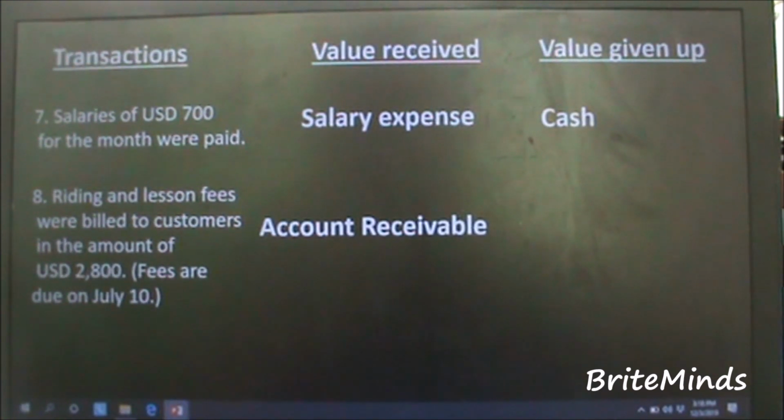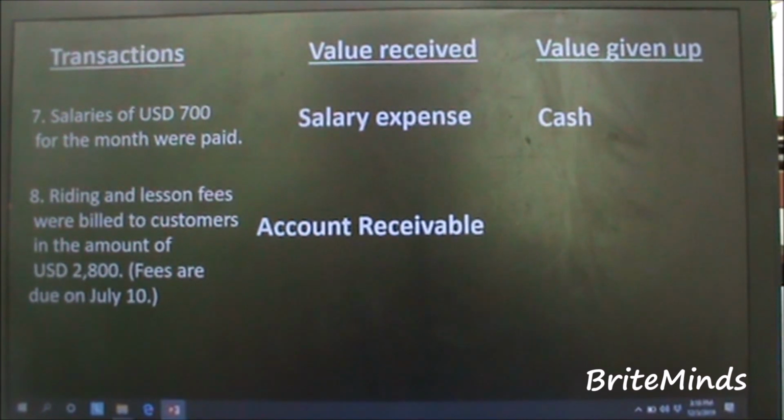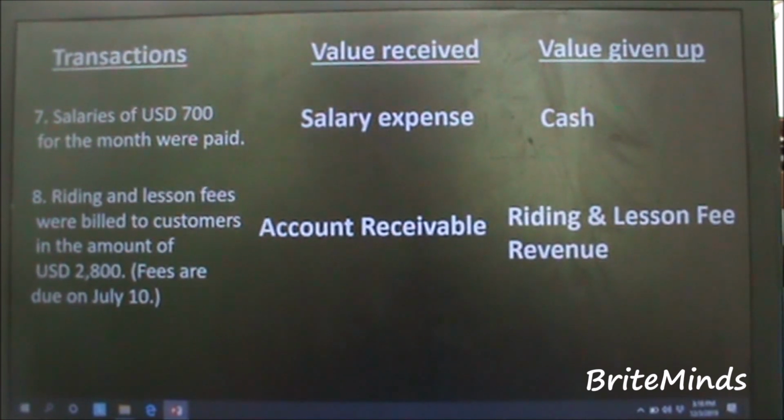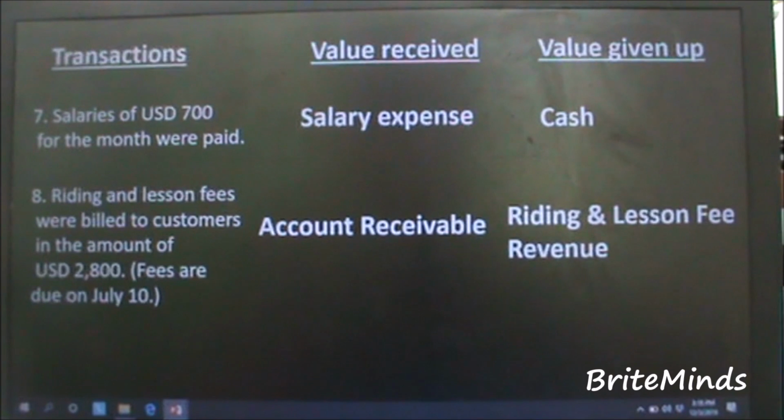So accounts receivable is the value received, and the value given up is the riding and lesson fees revenue. In exchange for accounts receivable, the business entity performed a service for the customers.